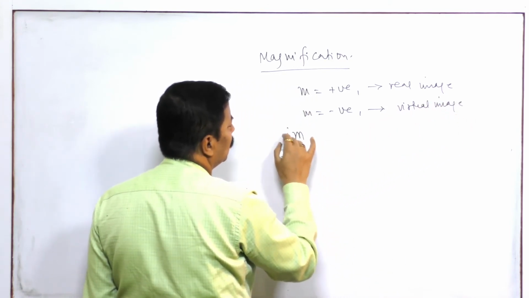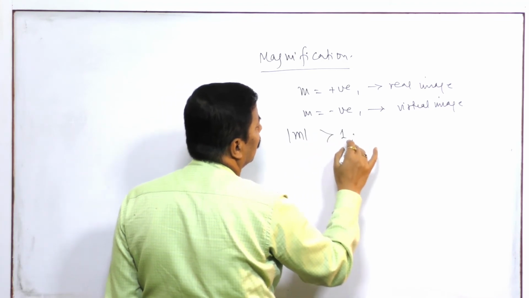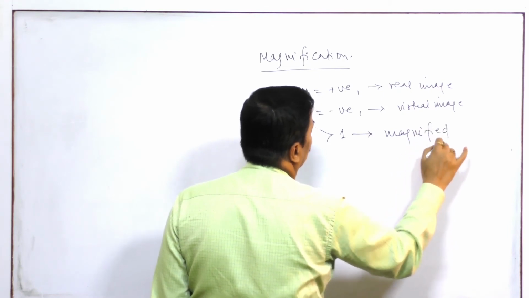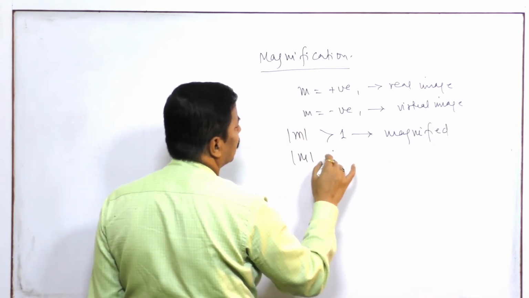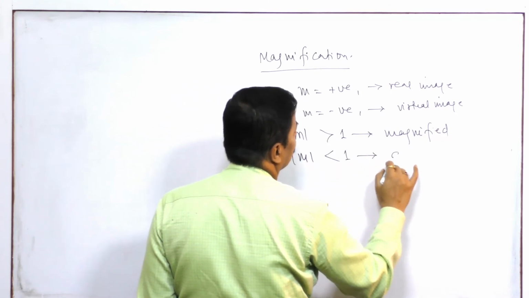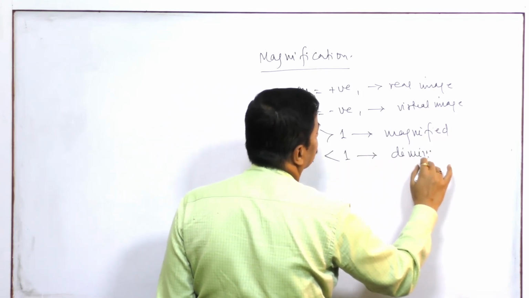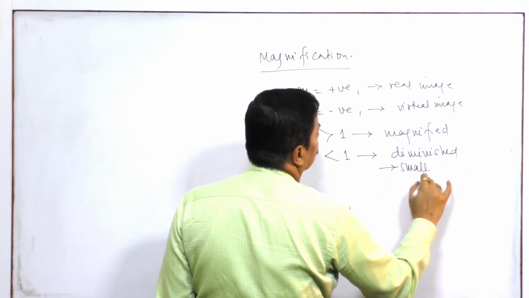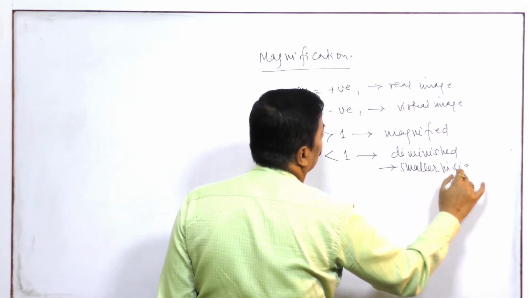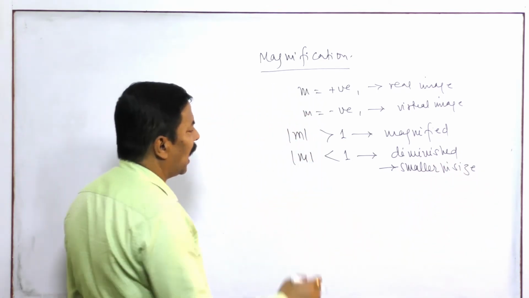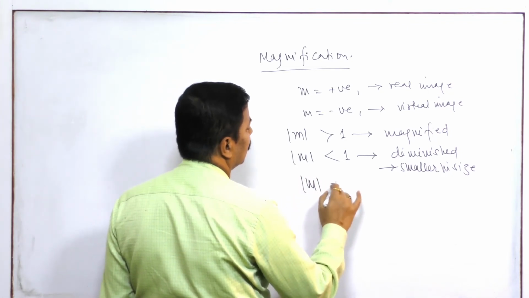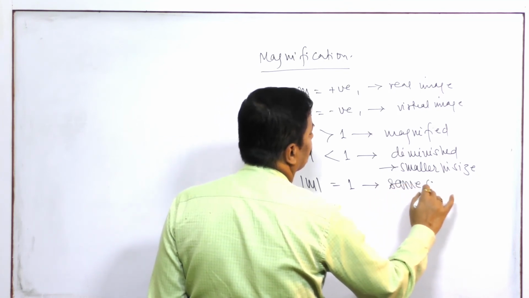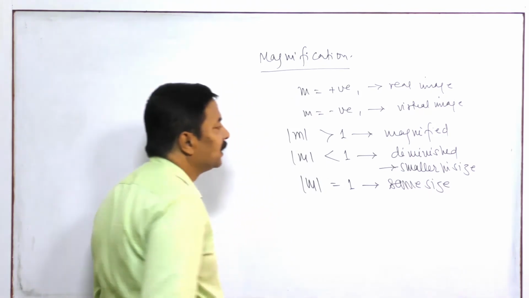If the magnitude of magnification is greater than 1, it means magnified. If the magnitude of magnification is less than 1, it means diminished, that means smaller in size with respect to the object. And if the magnitude of magnification is 1, that means the same size. The size of object and image is the same.